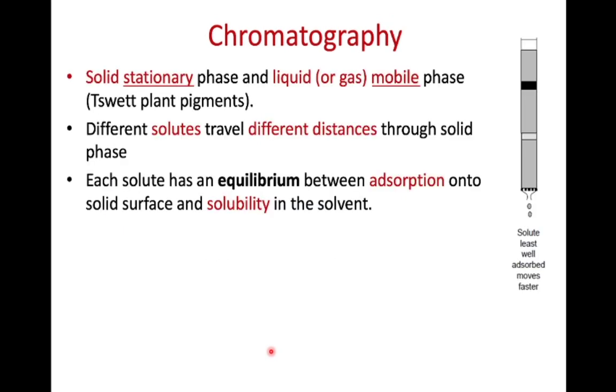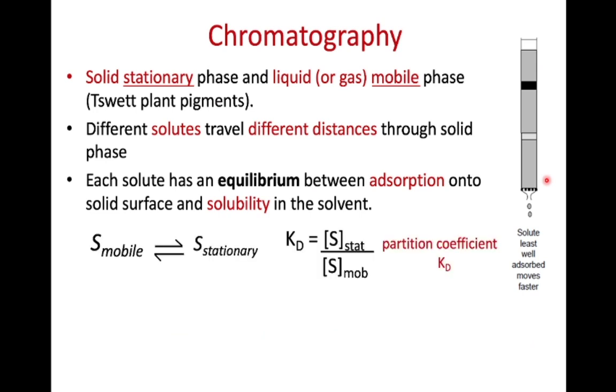Chromatography involves a solid stationary phase and a liquid or gas mobile phase, carrying the plant pigments. There are different solutes which can travel different distances through the stationary phase, and each solute has an equilibrium between adsorption on the solid phase, on the solid surface, and solubility in the solvent.